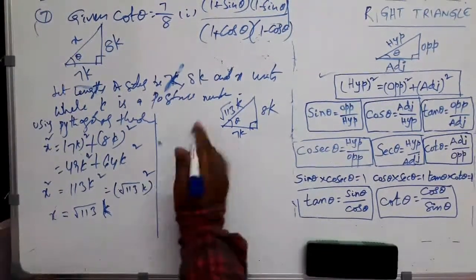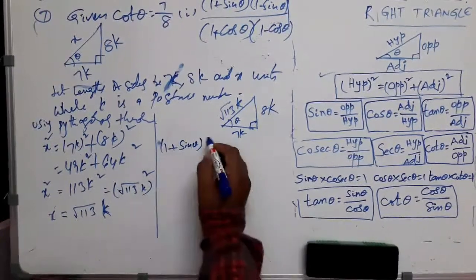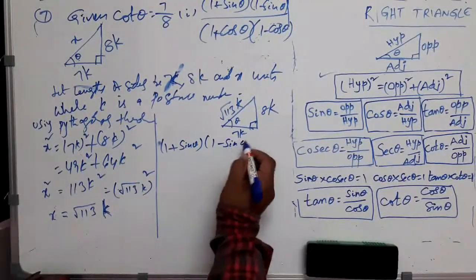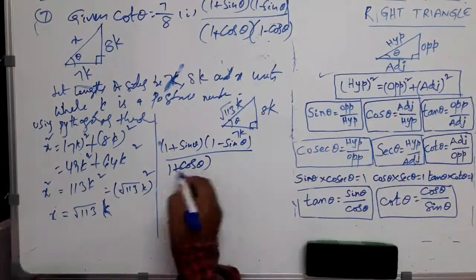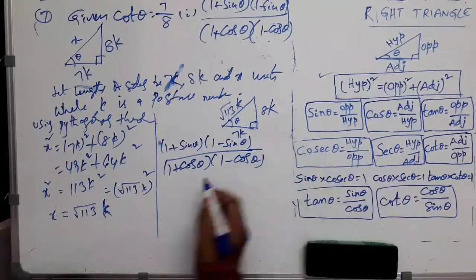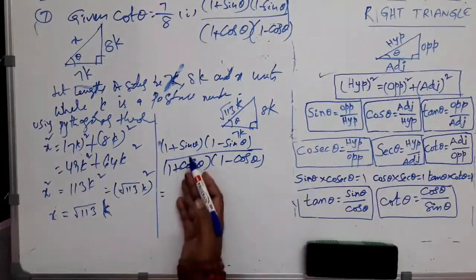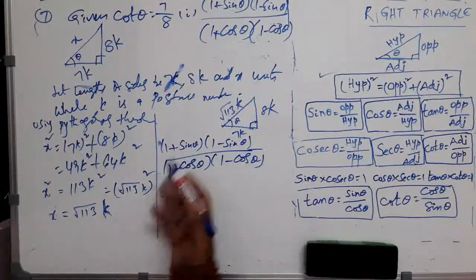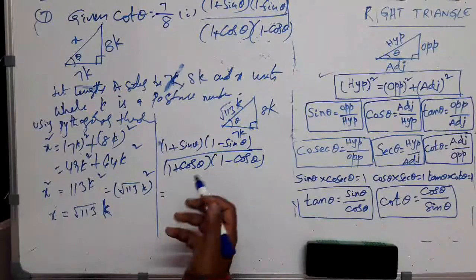Let us find out the value of 1 plus sine theta into 1 minus sine theta divided by 1 plus cos theta into 1 minus cos theta. Of course, we can substitute the values of sine theta and cos theta directly from here, but you can observe a bit.